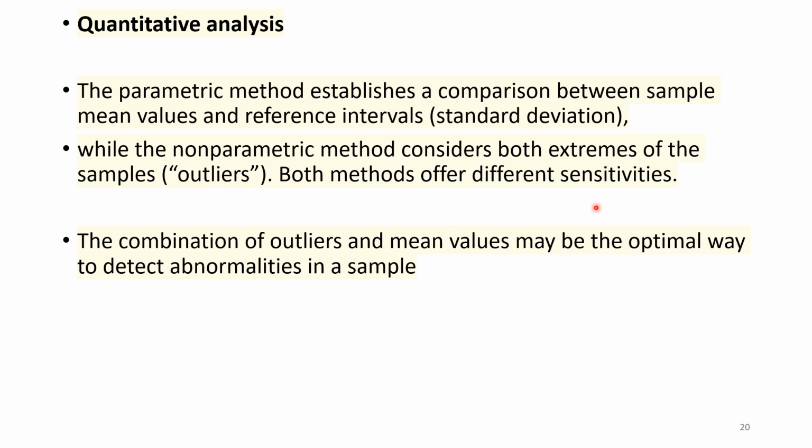Both methods offer different sensitivities, so we can do this method or that method, and both will differ. The combination of these two may be a good thing to go with. So you can detect many abnormalities in that sample if we take both methods in quantitative analysis.